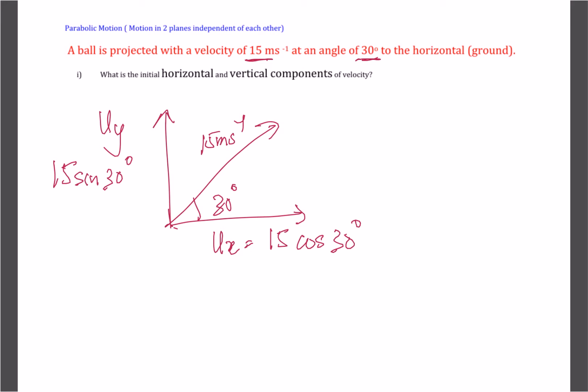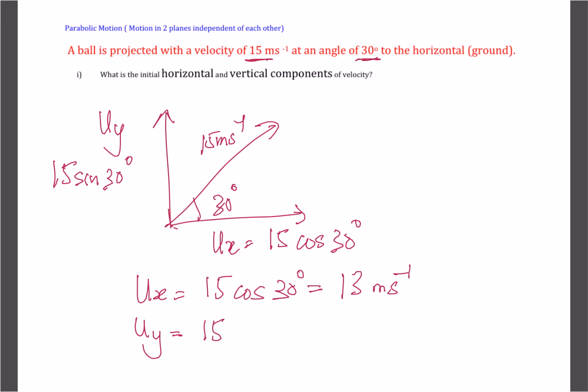So the horizontal component will be given as 15 cosine 30, and that works out to 13 meters per second to 2 SF, and the vertical component works out as 15 sine 30, and that is 7.5 meters per second.